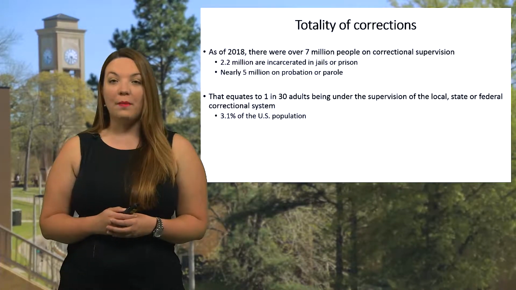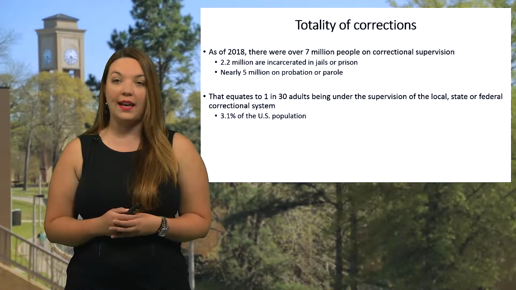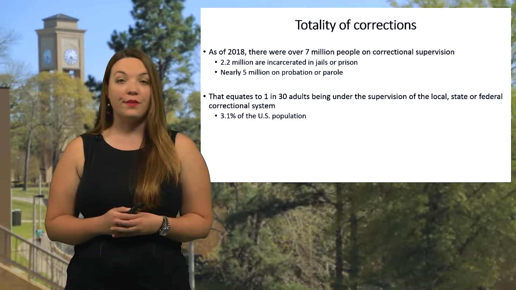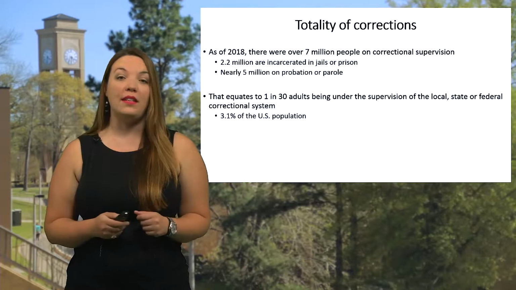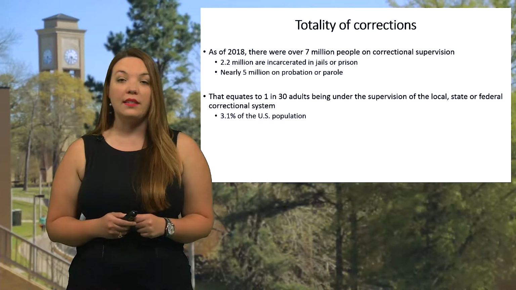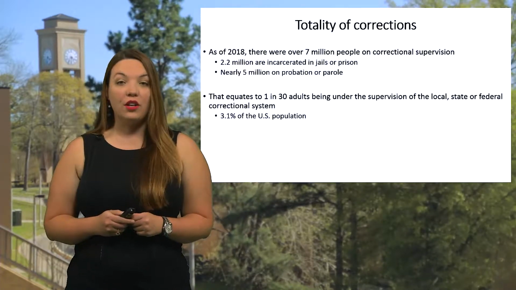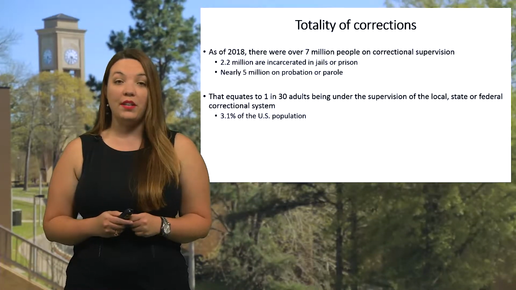The correctional population in the United States has been increasing steadily over the last few decades. One of the main reasons for that steady increase is the use of mandatory minimums and determinate sentencing practice, which we will continue to discuss in just a bit. As of 2018, the correctional population exceeds 7 million people.